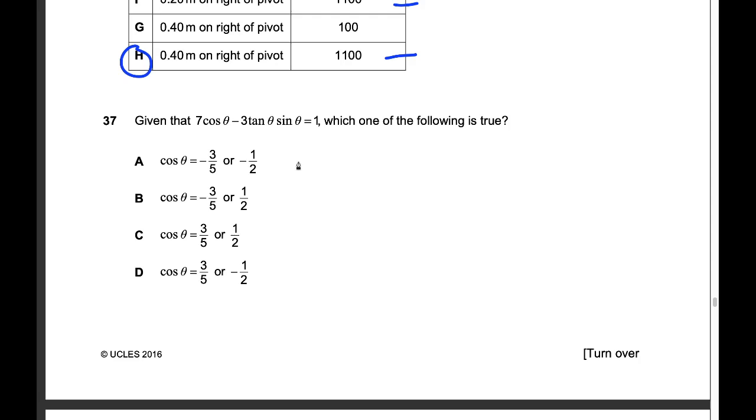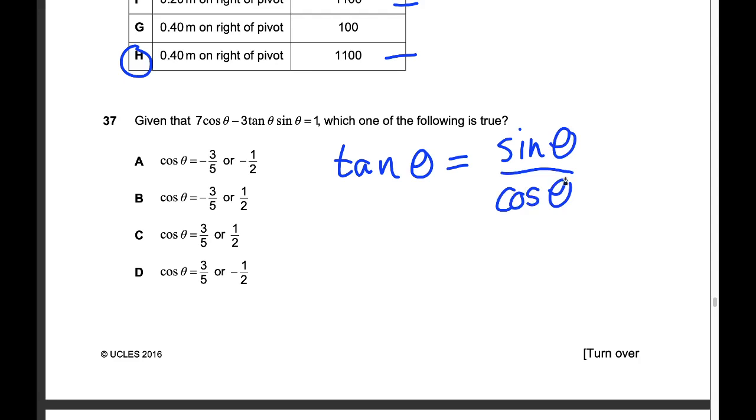So if I write tan as sine theta over cos theta, that is an identity that everyone should know, really important. I'll write that down: tan theta equals sine theta over cos theta, true for all theta. That's a sort of definition of tan, if you like.